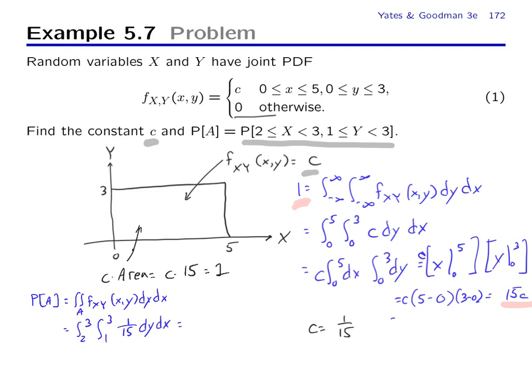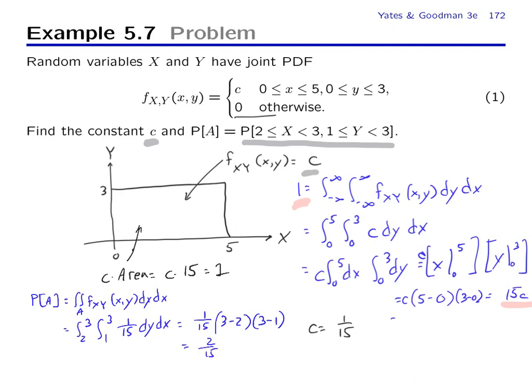And you could work out the calculus, or you could just realize that this is 1/15 times the area, which is 3 minus 2 times 3 minus 1. And so this probability is equal to 2/15.